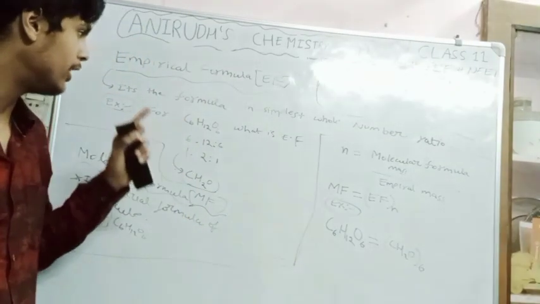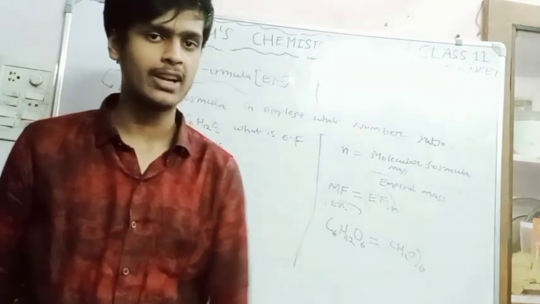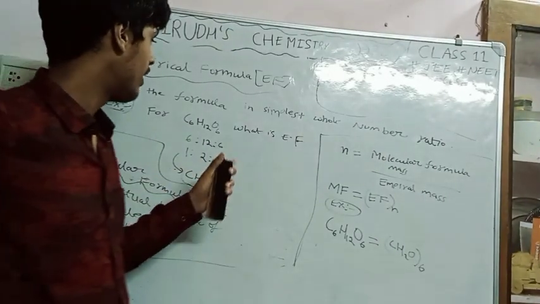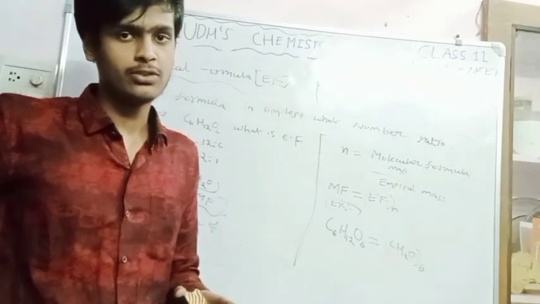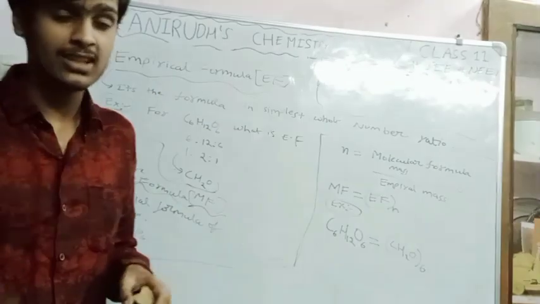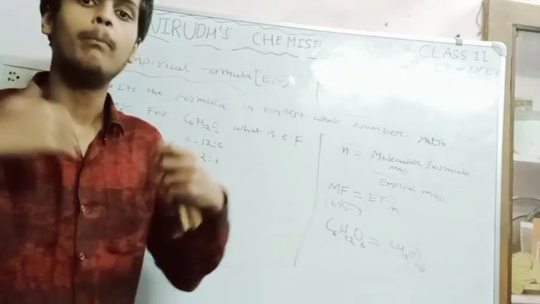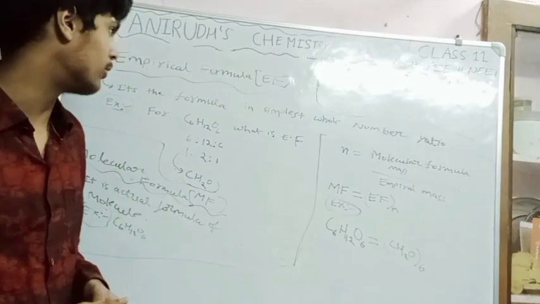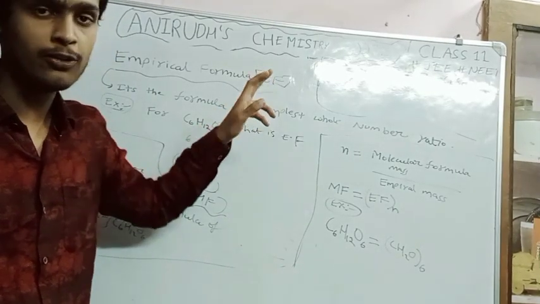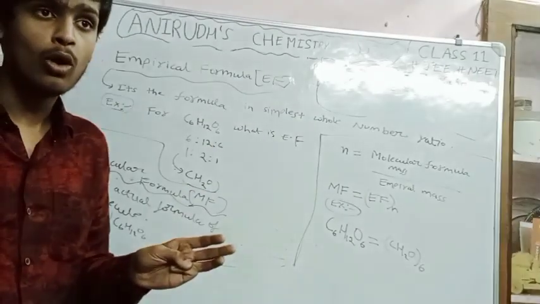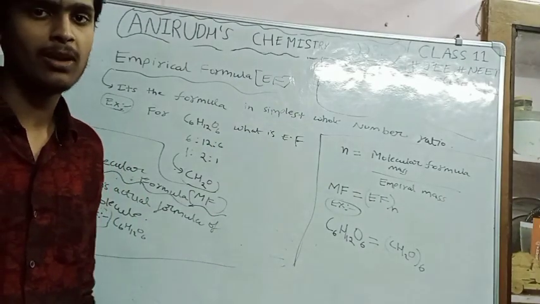Remember one thing. I need to tell you one note point that you should write down in your notes. Empirical formula can be the same for multiple compounds. Empirical formula will be the same for two or more molecular formulas.